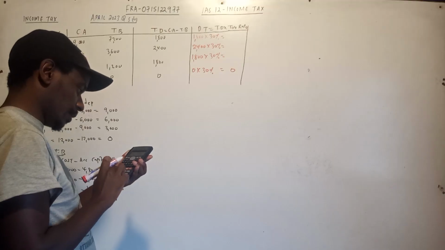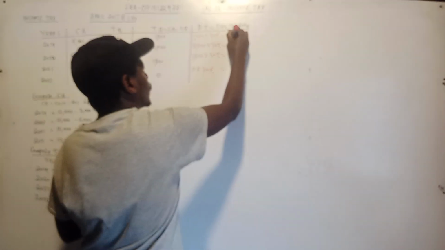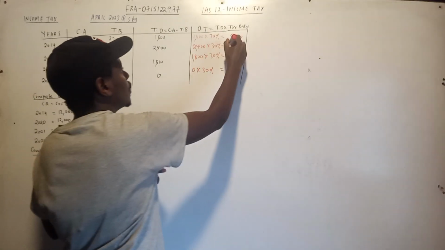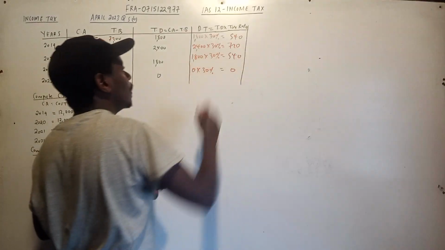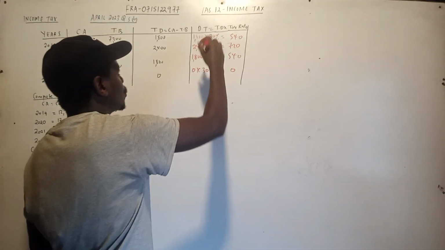This is 0, so 1,800 times 30% is 540. Then we have 2,400, which is 720, then 1,800, which is 540.